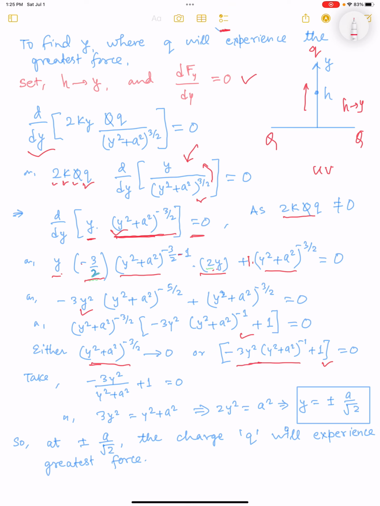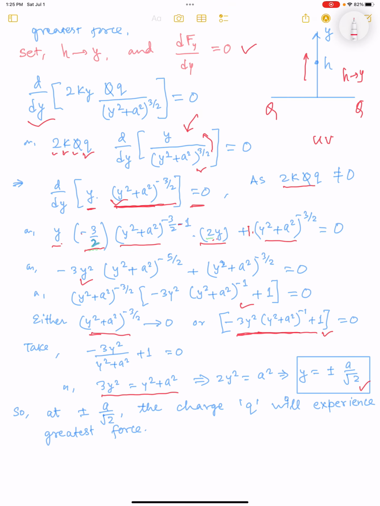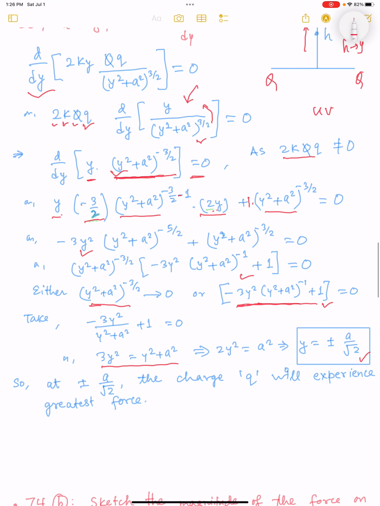So you can solve this part, minus 3y squared times (y squared plus a squared) to the power minus 1, this goes down, plus 1, and it's simple algebra. You will get y as positive and negative a over root 2. So at plus or minus a over square root of 2, the charge q will experience the greatest force.